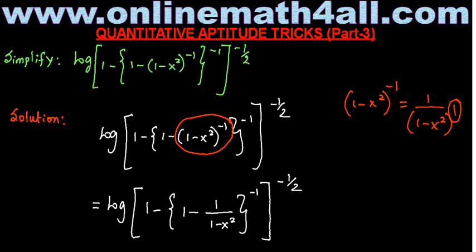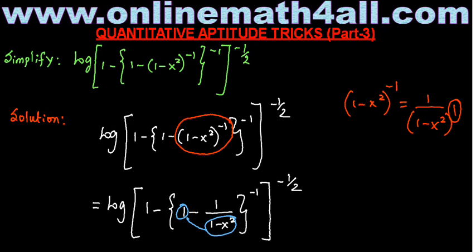Now I have to subtract this fraction from this integer 1. Whenever I need to add or subtract an integer and a fraction, I have to multiply the integer by the denominator of the fraction. Then this denominator is taken as the common denominator. Students, please listen to me carefully.